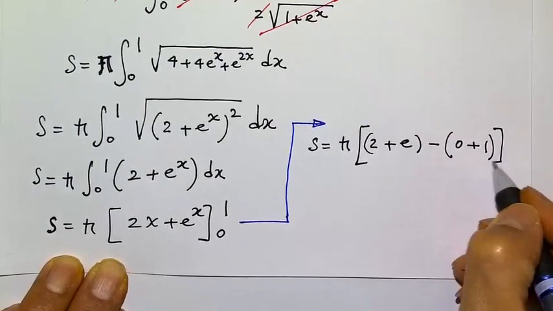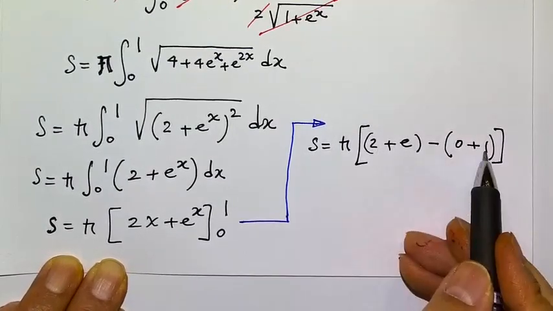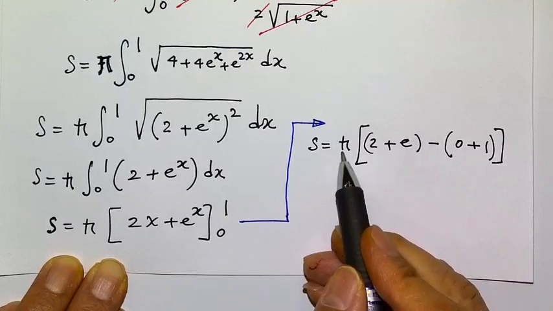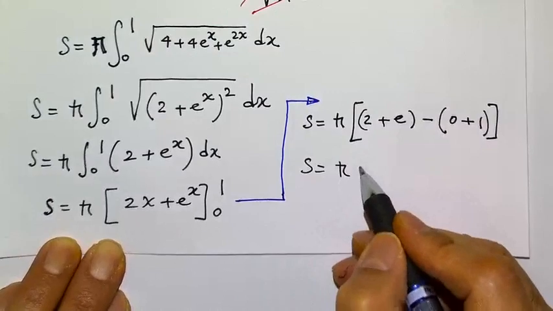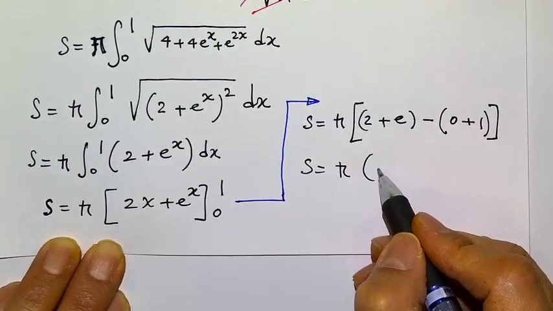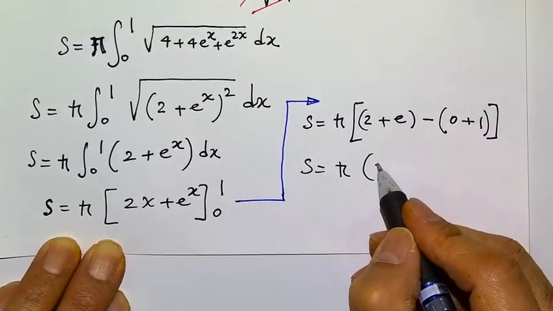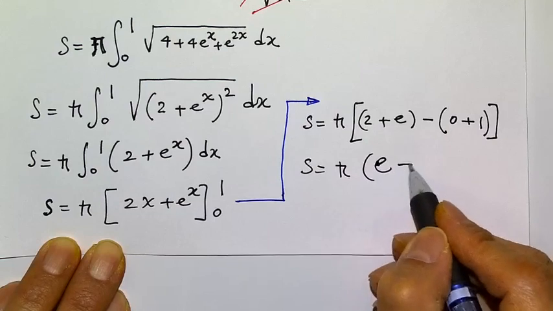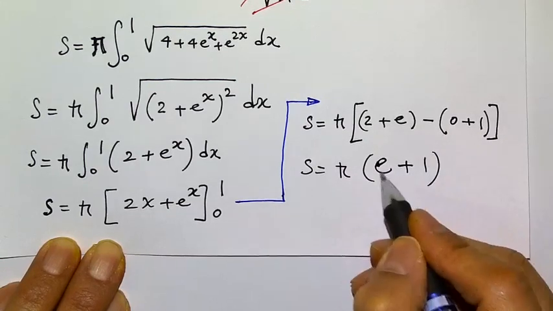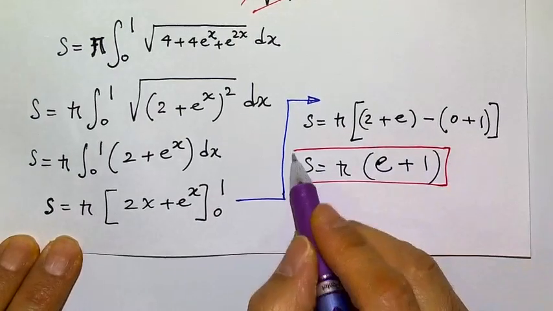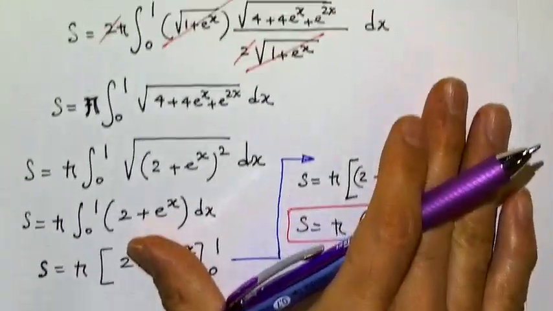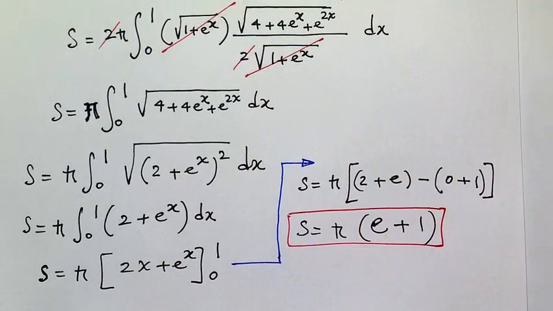So 2 minus 1 is just 1, plus e, times pi. So we have pi times (1 plus e), or pi times (e plus 1). There we have it, like that.